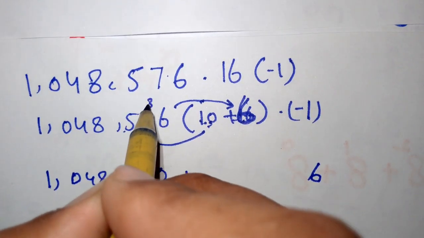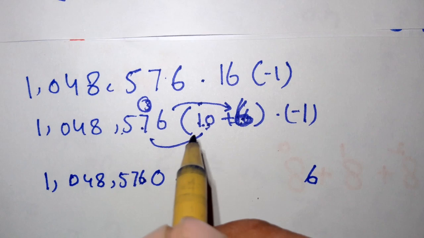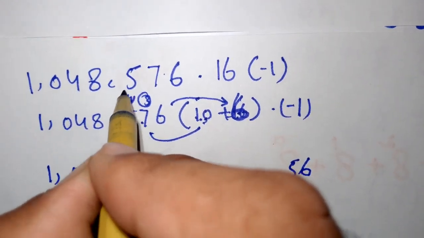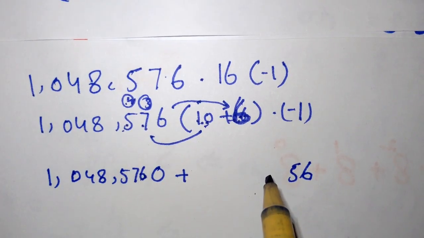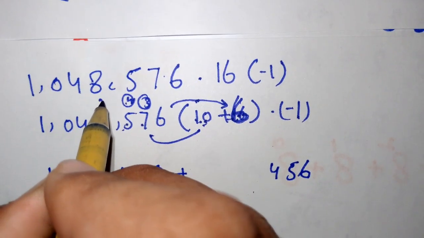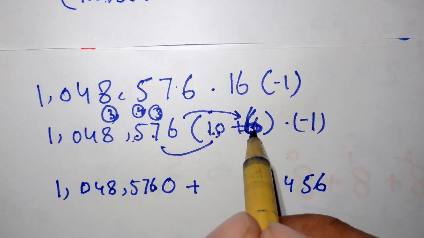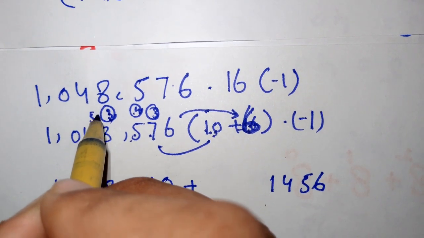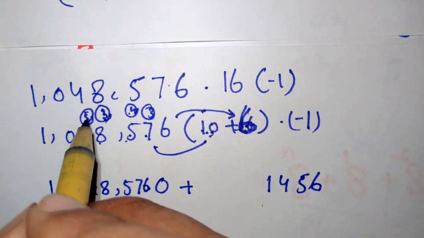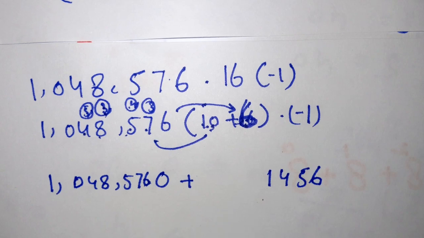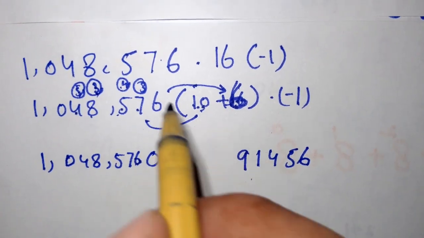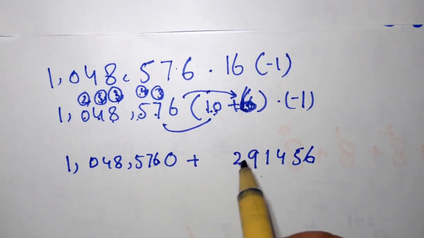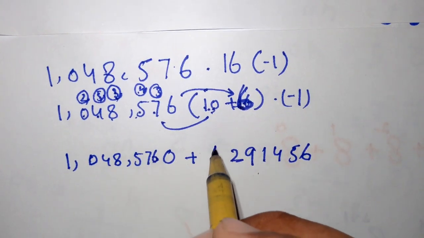3 carried. 6 multiply 7 is equal to 42 plus 3 is equal to 45. 4 carried here. 6 5s are 30 plus 4 is equal to 34. 3 carried. 6 multiply 8 is equal to 48, 49, 50, 51. 5 carried here. 6 4s are 24 plus 5 is equal to 29. 2 carried. 6 zeros are 0 plus 2 is equal to 2, and 6 ones are 6.